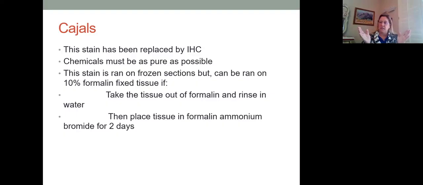So this is a stain that can be run on formalin fixed tissue. But if for whatever reason you have fixed in formalin ammonium bromide, then you've got to place your section in formalin ammonium bromide for 2 days to sort of release that ammonium out of the tissue.